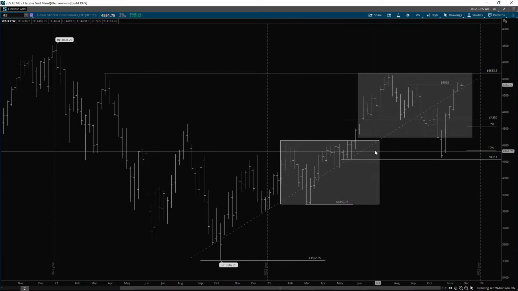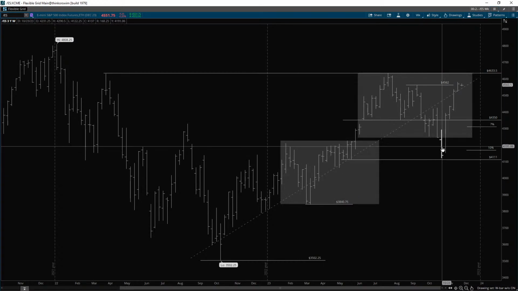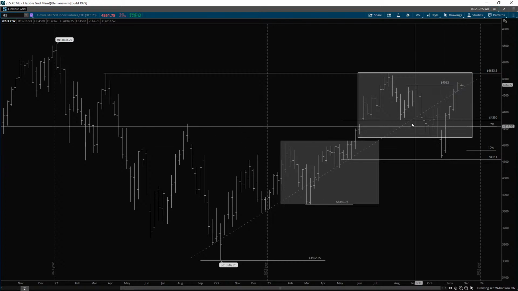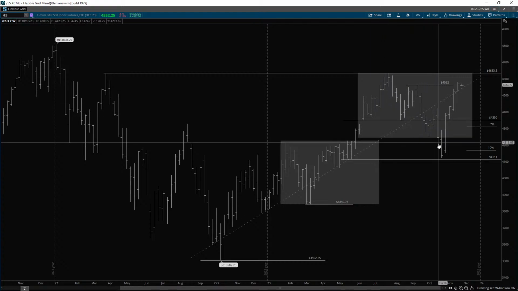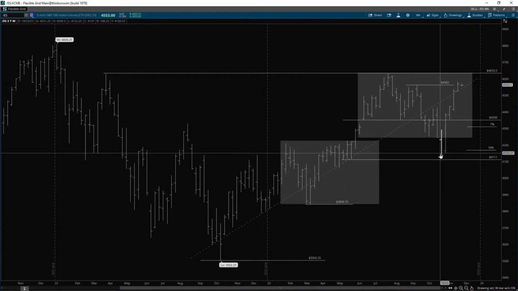This is just an observation, because what I'm more focused on here is that the market has these two ranges. There's a look below this range into this range that failed here.